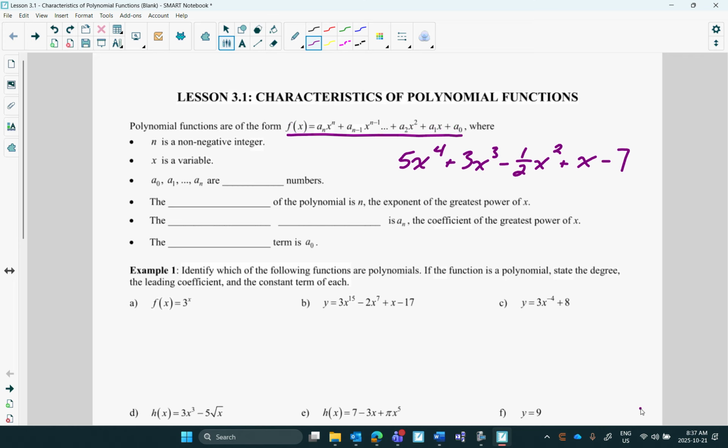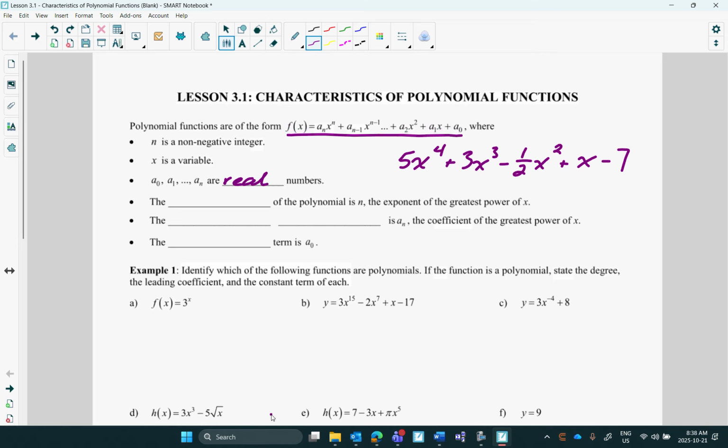Because all the numbers in front of the variables are real numbers. And if you look at all the exponents, there's no negative exponents, there's no fraction exponents. That's really what it comes down to. Okay? So it says here, the exponents must be a non-negative integer. So like 0, 1, 2, 3, 4, etc. And like I said, the coefficients, they're real numbers.